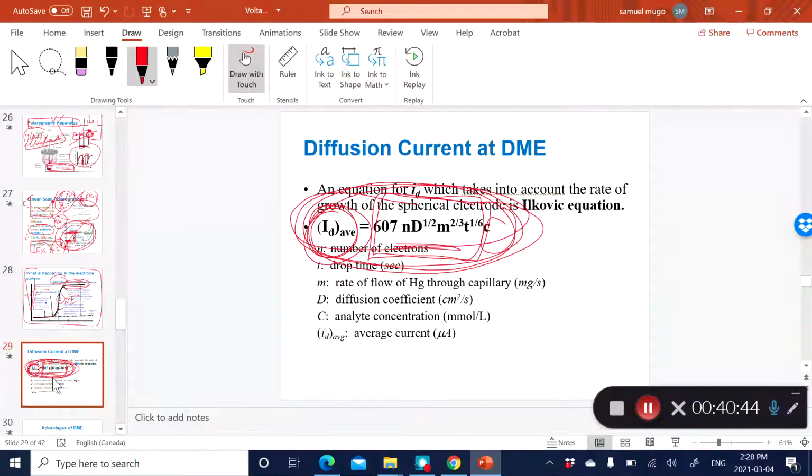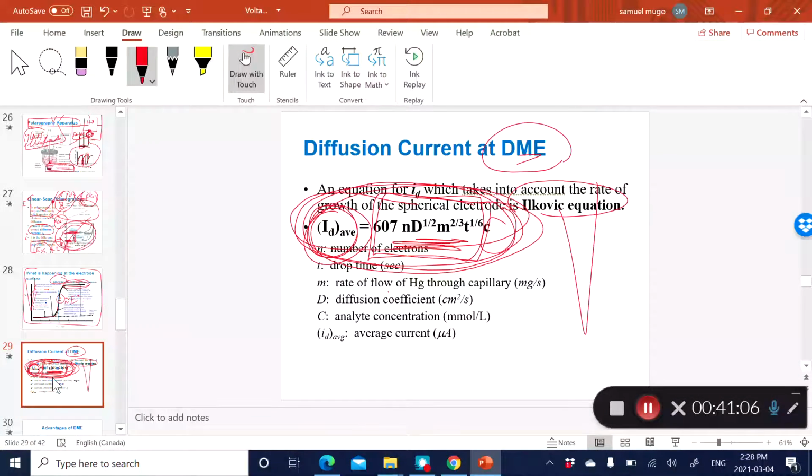So there are all these other factors that come into play for the dropping mercury electrode that are a bit different when you're dealing with a solid state electrode. And this is what they call the Ilkovic equation, which is specifically based on polarography, for the dropping mercury electrode.